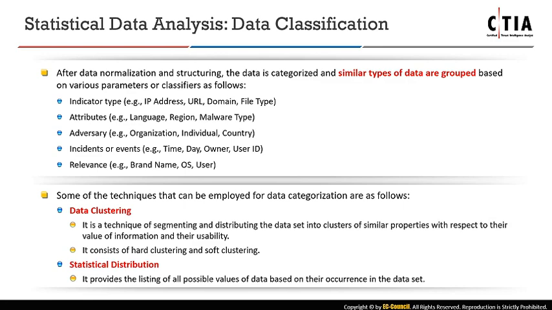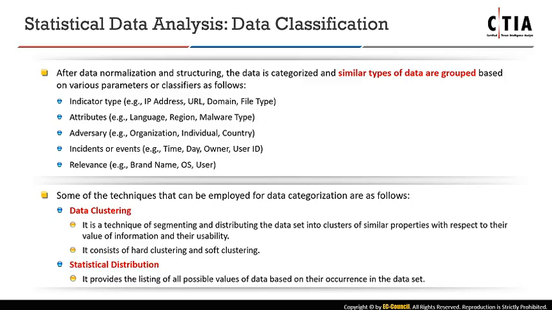So after we have the normalization, structuring, and categorization going on, we have other techniques that can be used for categorization. One of them is data clustering. What we do is we segment and distribute the data into clusters of similar properties. This is what I was talking about a little bit earlier, right? We have one group that has these particular parameters, another group that has another set of particular parameters, and then we have hard clustering and soft clustering, where sometimes the clusters have elements of each other in them.